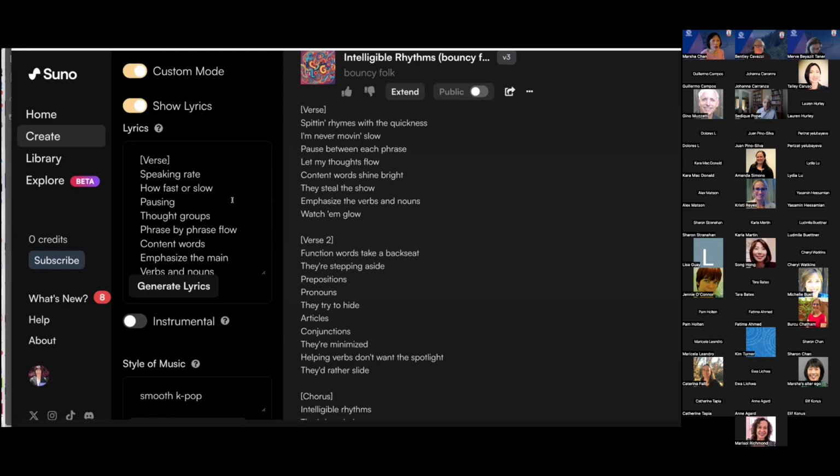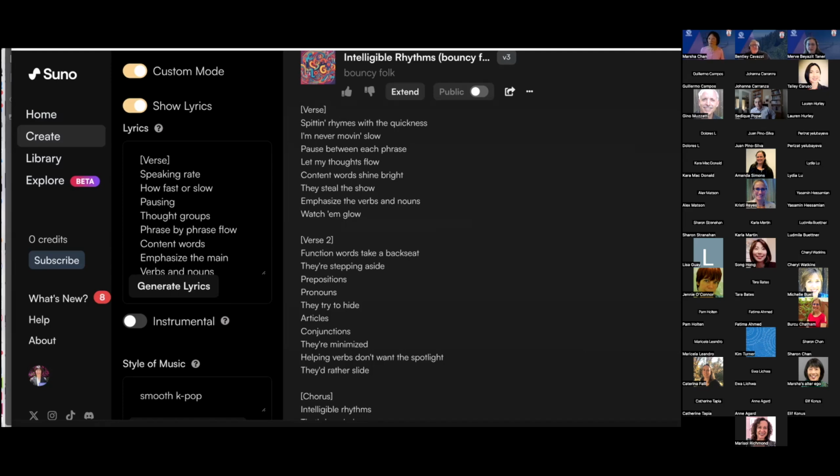This is called Intelligible Rhythms. Group content words. Some factors contributing to intelligibility. Speaking rate, how quickly or slowly someone speaks. Pausing, speaking phrase by phrase in thought groups.